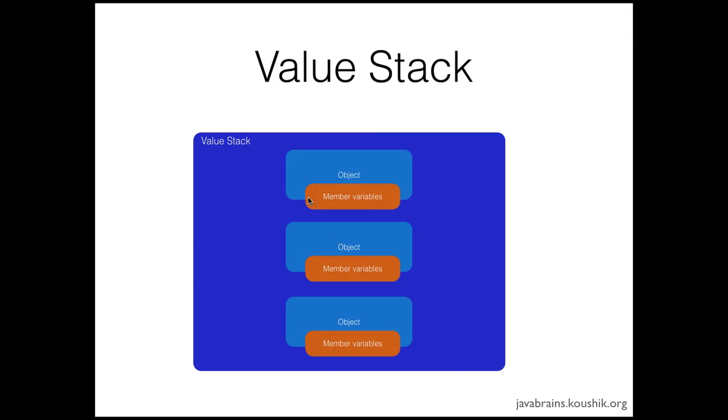Let's say you have 3 different objects inside the value stack. We're not worried about what these objects are. We know that an action object saves itself in the value stack, but we still don't understand what the other objects are. But just go with me here. Say you have 3 different objects, and each of those objects has a few member variables.